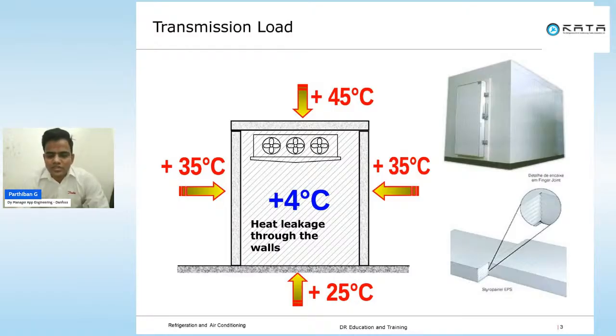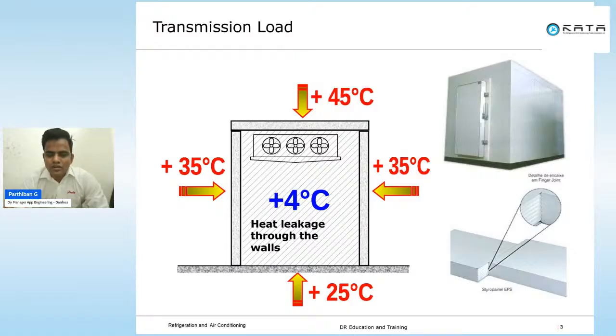Across the left and right walls it is 35 degrees Celsius, on the roof it is 45, and at ground level it is 25. All the temperatures are high compared to the 4 degrees Celsius we are maintaining inside the cold storage.